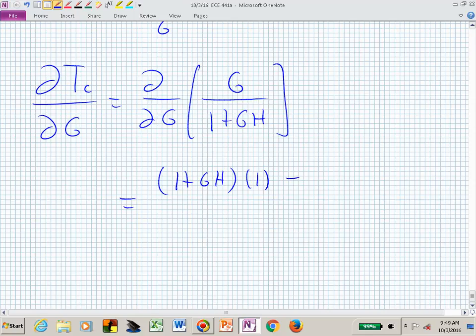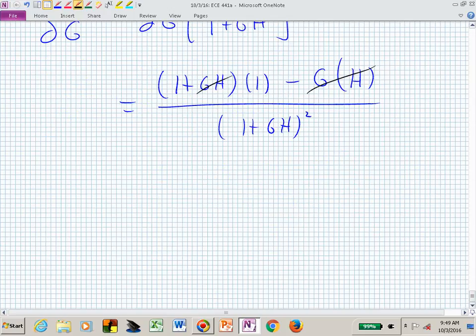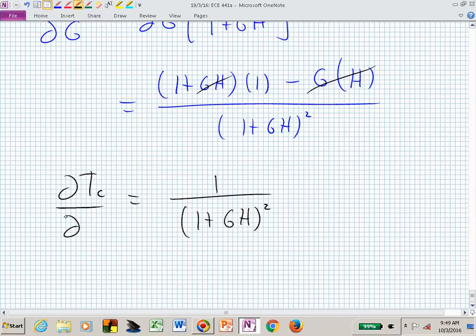Minus the numerator times the partial of 1 plus GH with respect to G. That's just H. All over the denominator squared. If you do the simplification in the numerator, you have 1 over 1 plus GH squared as the partial of T sub c with respect to G.